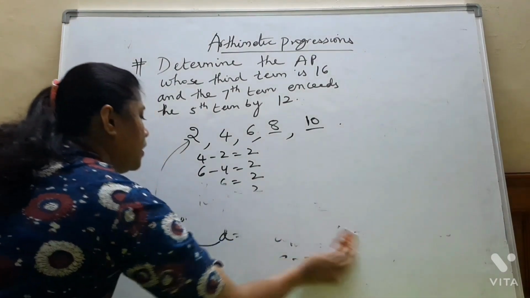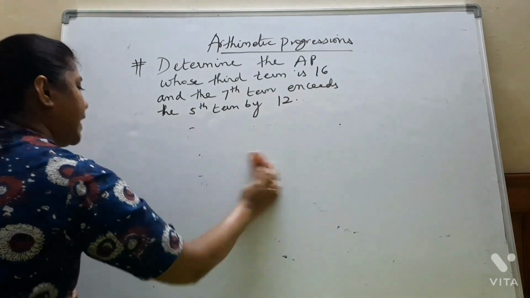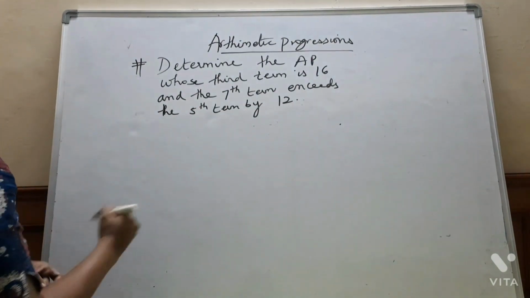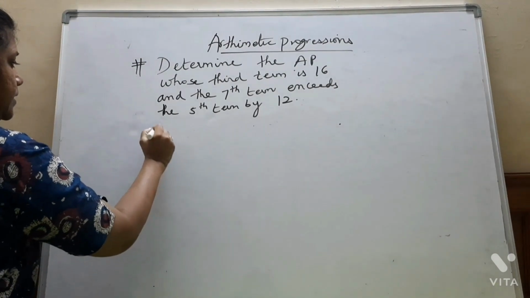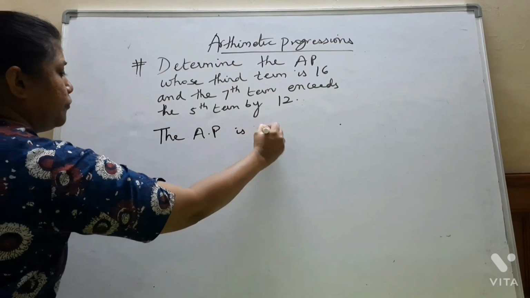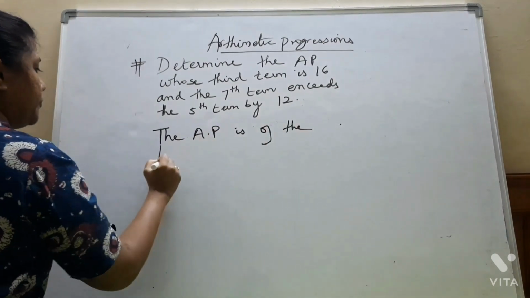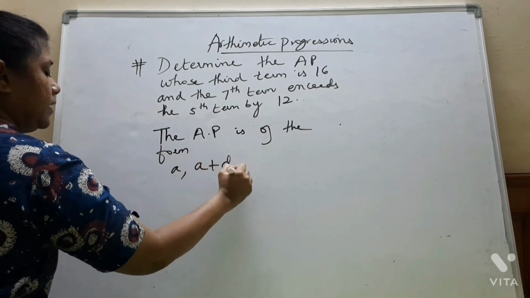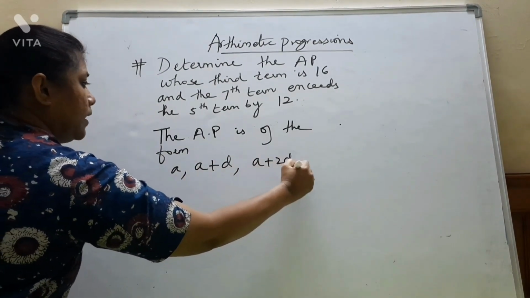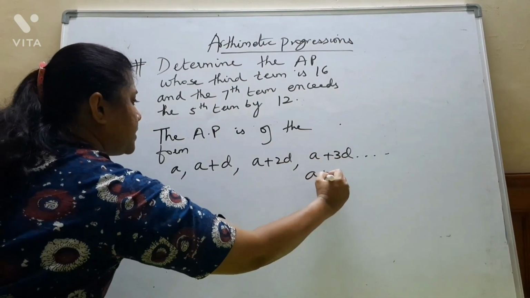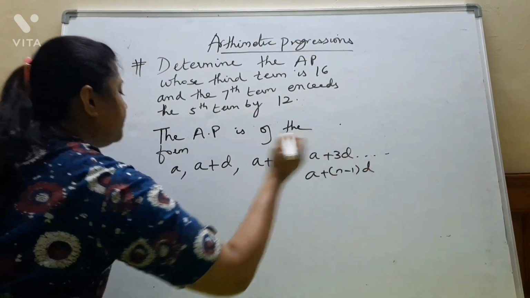So one more thing that you need to understand is that the arithmetic progression will be of the type like this. The arithmetic progression is of the form a, a plus d, a plus 2d, a plus 3d, and so on up to a plus n minus 1 into d.